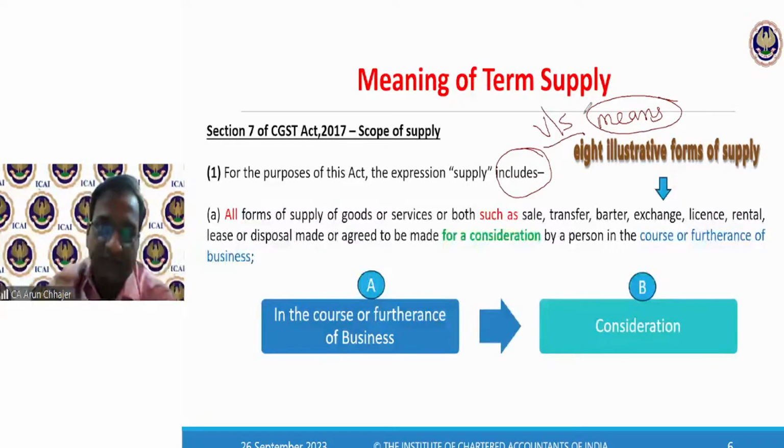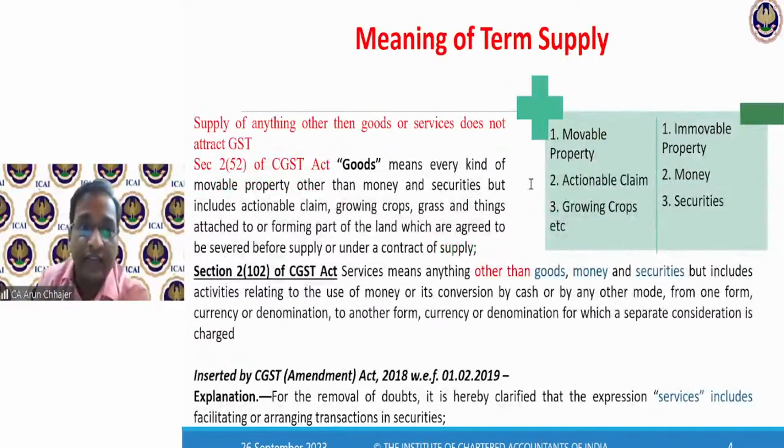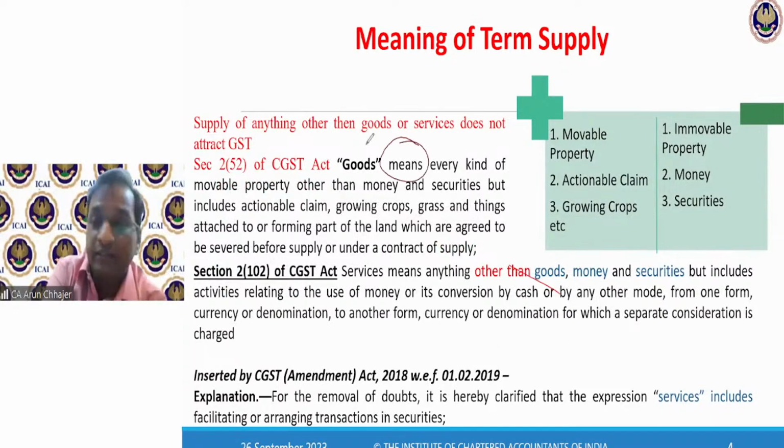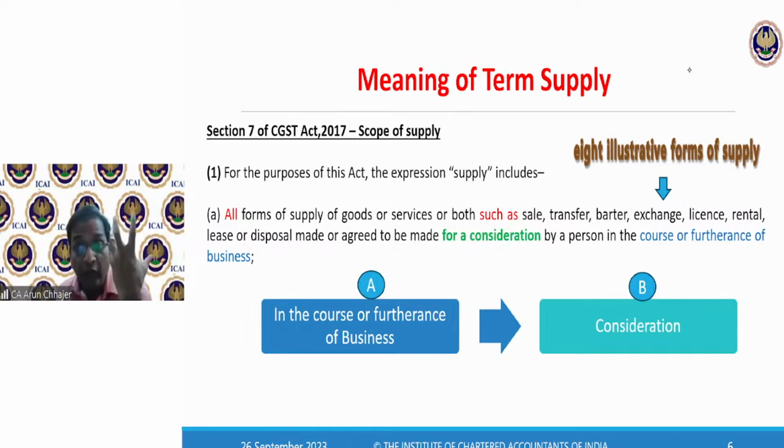Like I have explained, the definition of goods starts with the word means. Services starts with the word means. But the supply definition starts with the word includes. What is the difference between these two terms? How will you look into these terms when you read any definition?